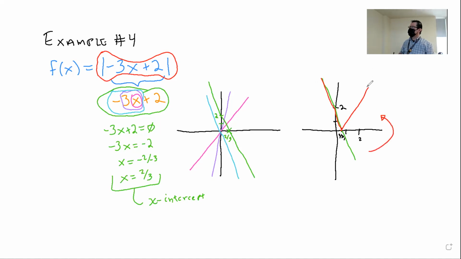Okay. So the red graph would be f of x, the complete graph with it flipping over.